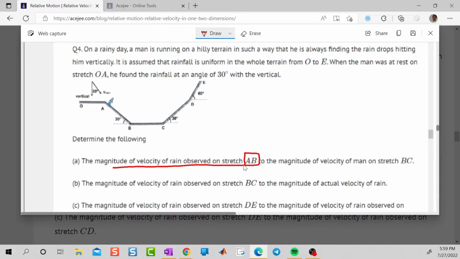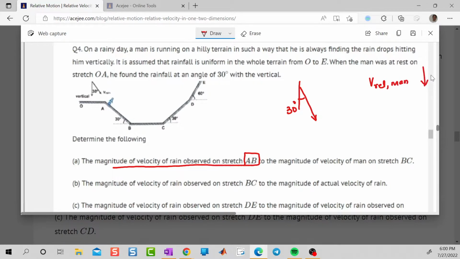Let's look at stretch AB, right? So the rain is making an angle 30 degrees. So this is rain. The relative velocity of rain with respect to man is vertical.